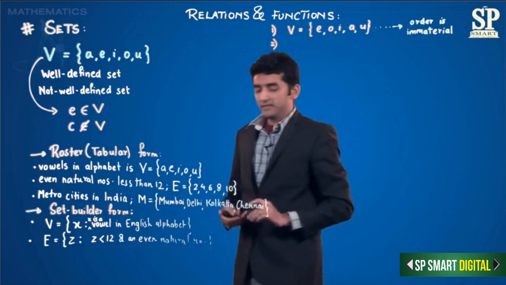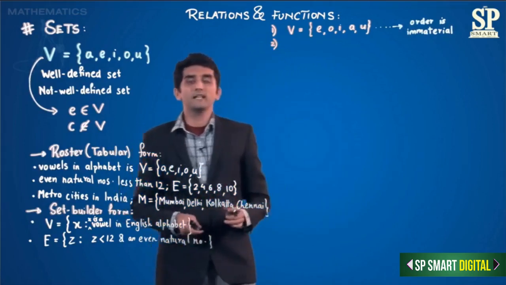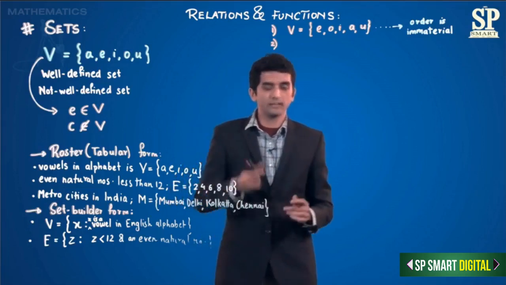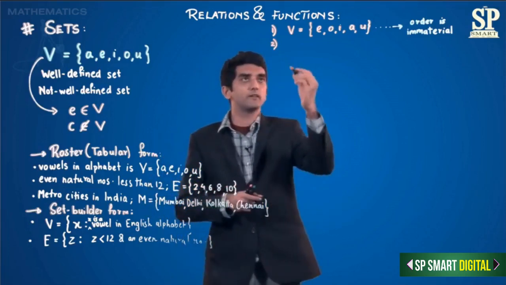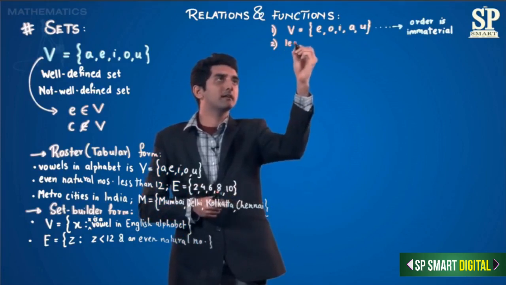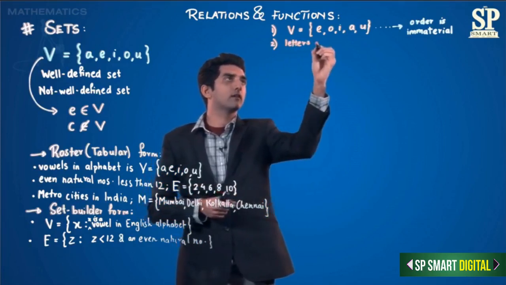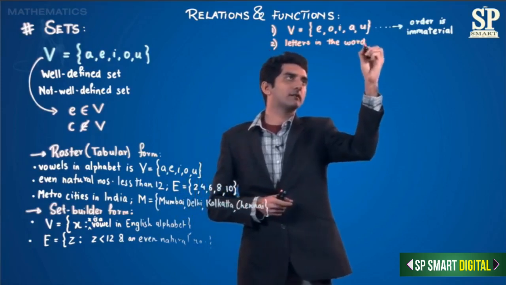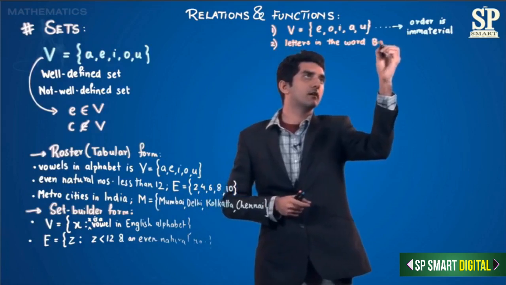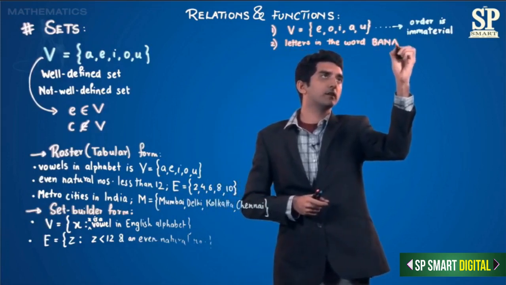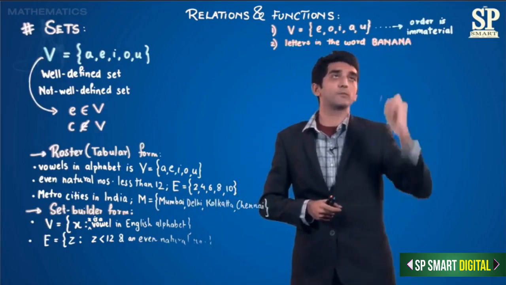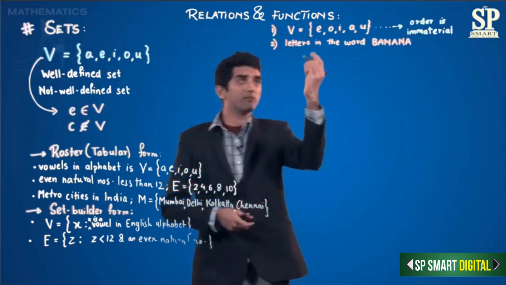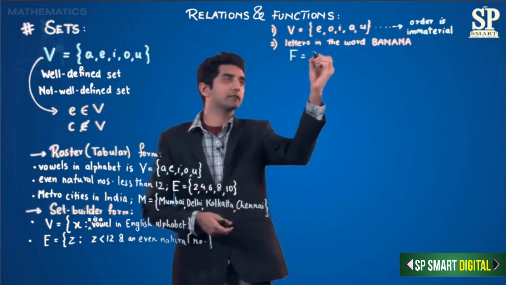Now the second thing that we need to understand here is that elements cannot be repeated in a particular set. So if I want to write letters in the word, let's say banana. Now I have particularly used this particular word because there are many letters which are repeating, and let's say F is the set which represents that.